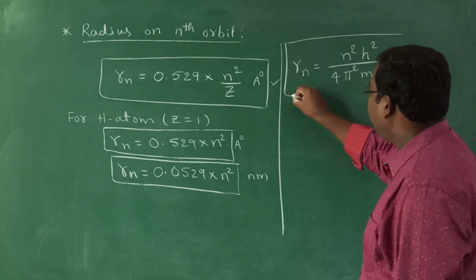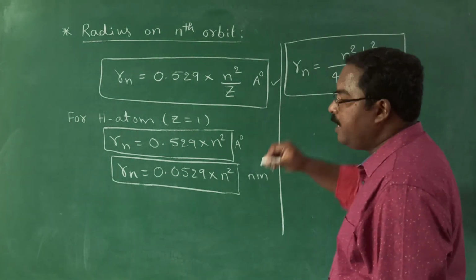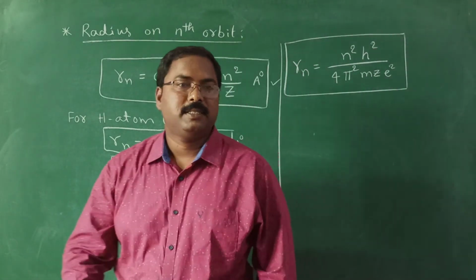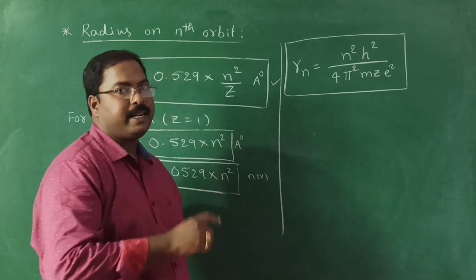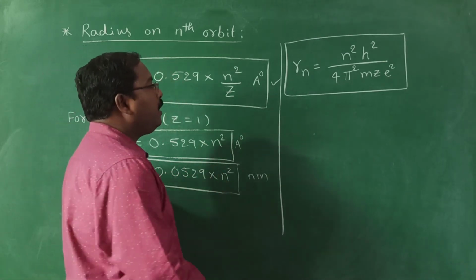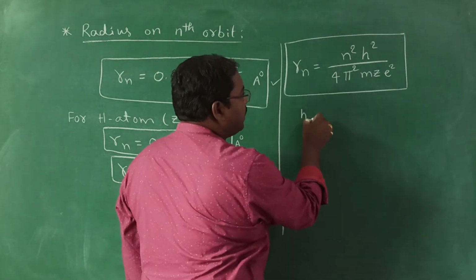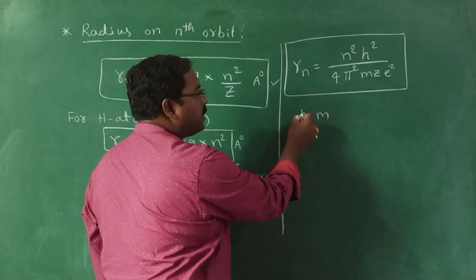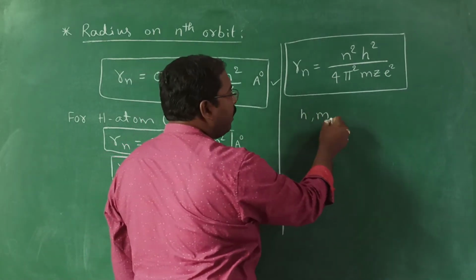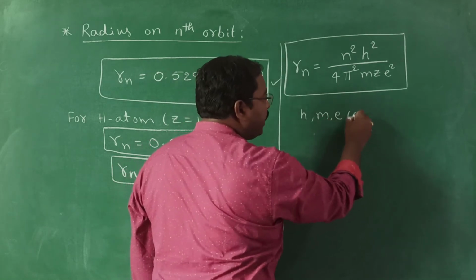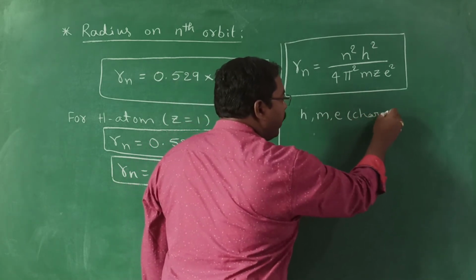The actual formula given by Niels Bohr is this, to calculate the radius. If you observe, h means Planck's constant, m is the mass of the electron, and e is nothing but the charge of the electron.